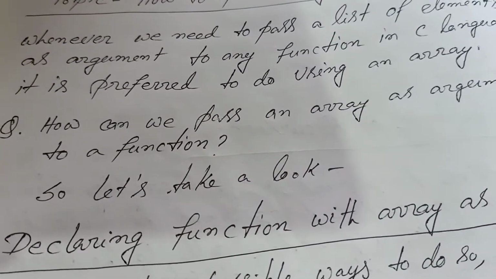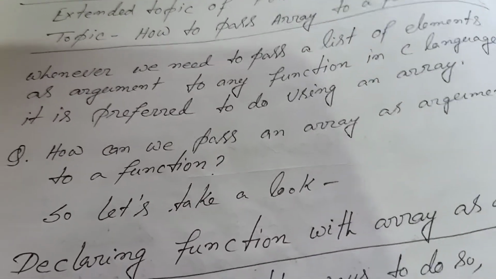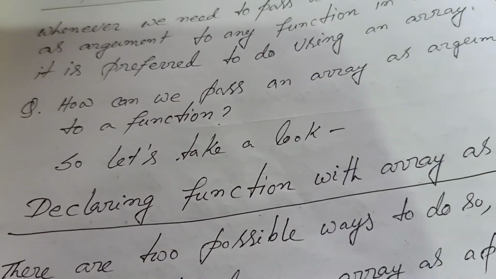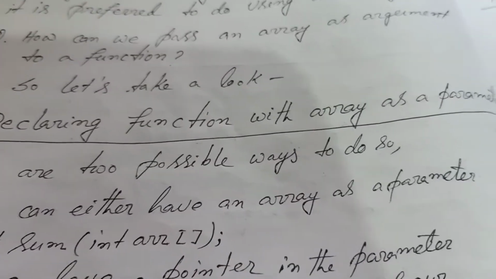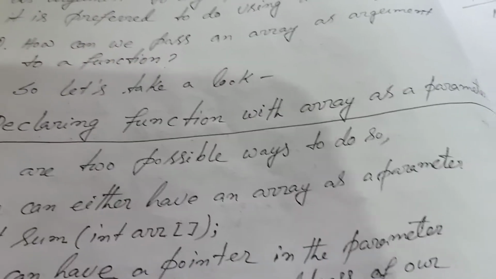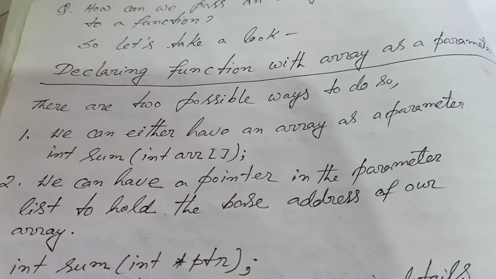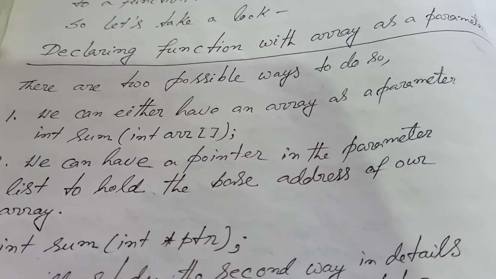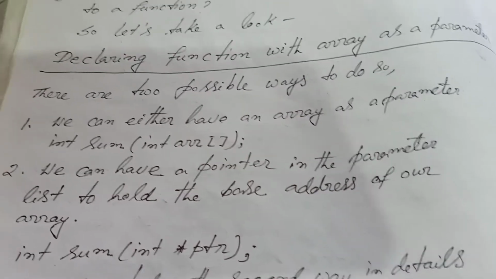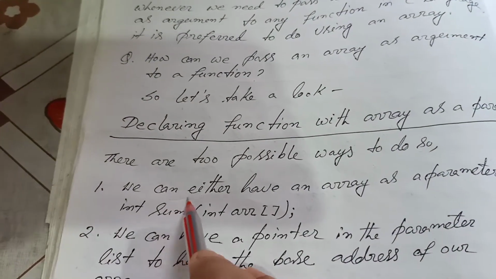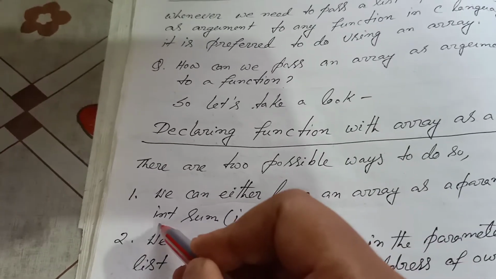So the question is, how can we pass an array as an argument to a function? Let's take a look. First, look at the declaration of a function with an array as a parameter. There are two possible ways to do so. First, we can have an array as a parameter.